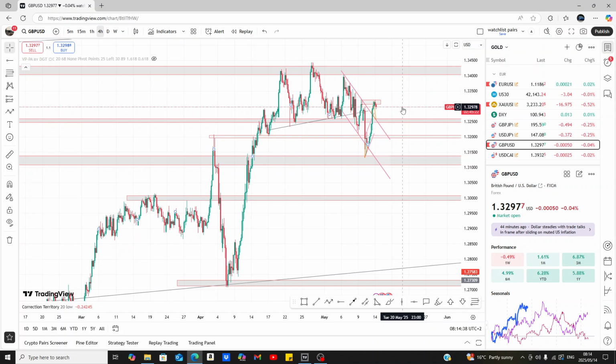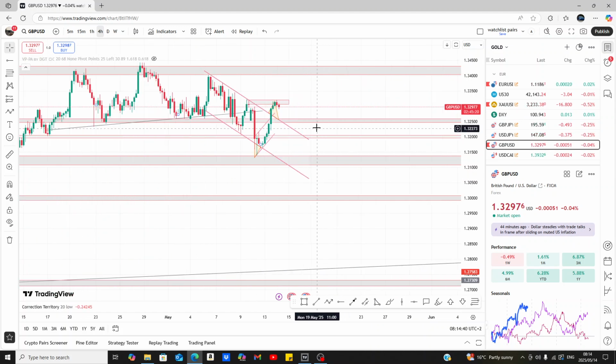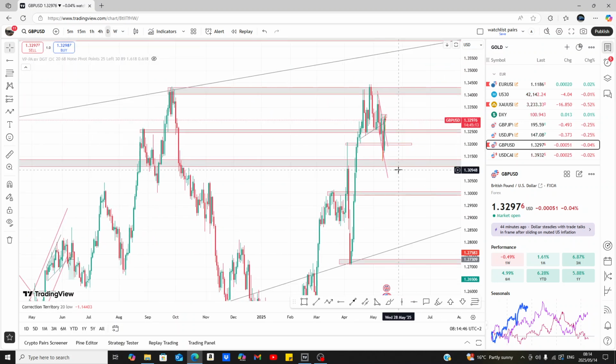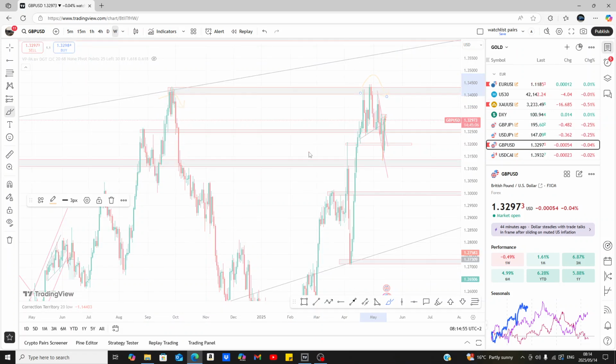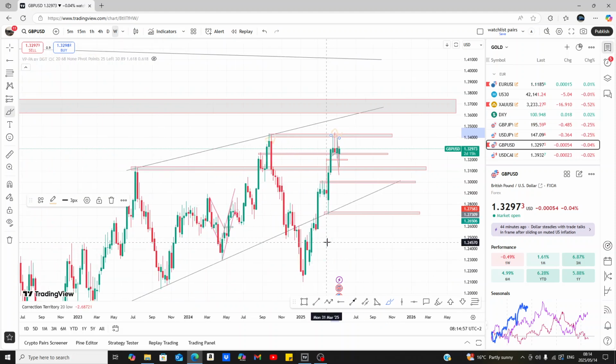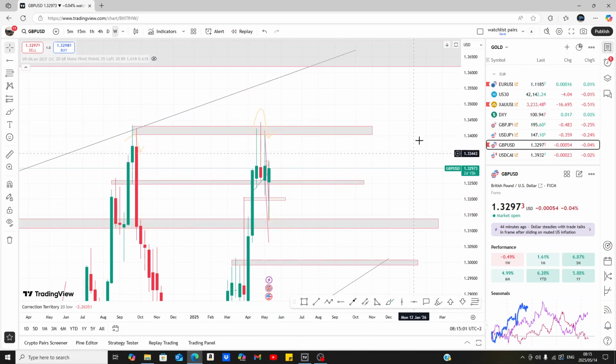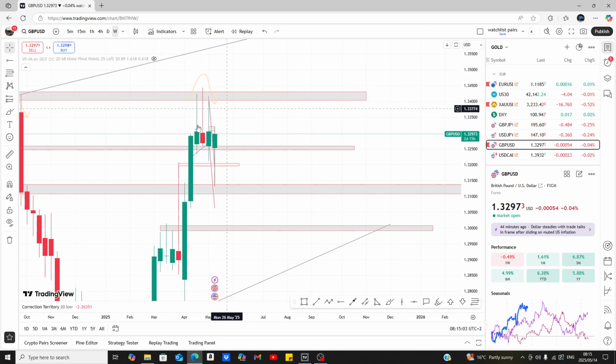GU, very similar setup to Euro USD. If you look at the larger time frame on GU, we kind of have a double top here, and let's go to the weekly chart. So the weekly chart is showing this is more like an inverse hammer, right, on the weekly chart.